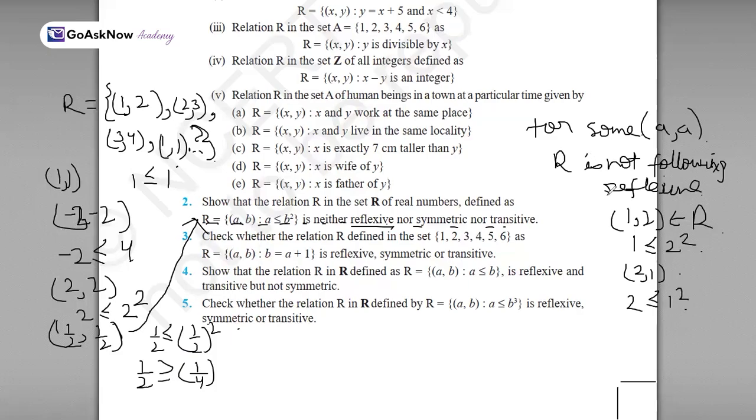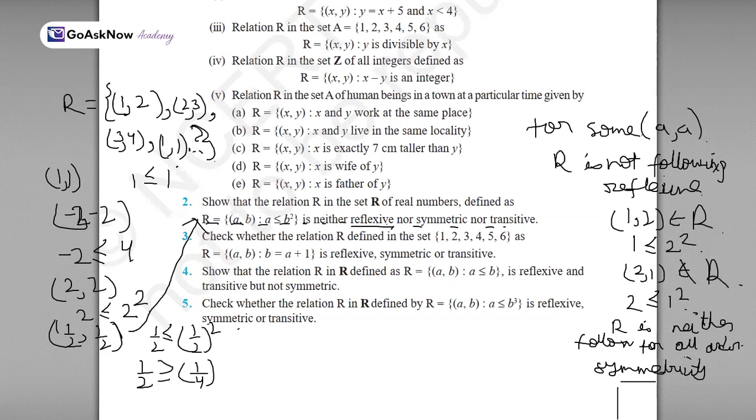So it means that relation R is not following symmetricity for all ordered pairs. You can see here that (1, 2) belongs to R, but (2, 1) doesn't belong to R. So it is not symmetric also.